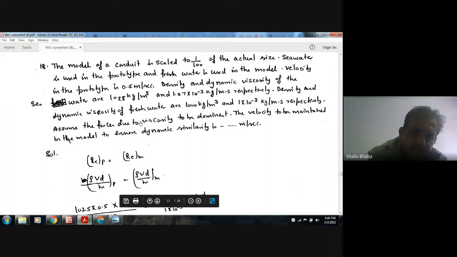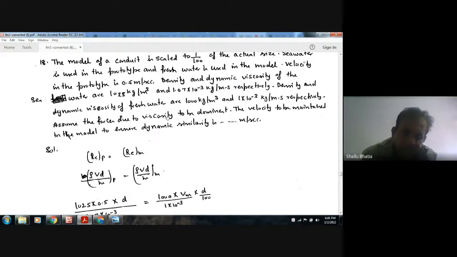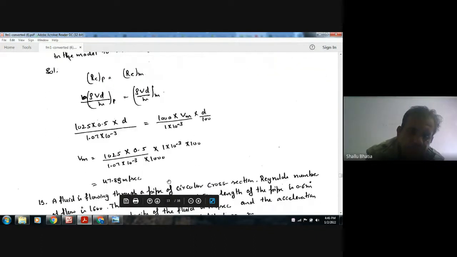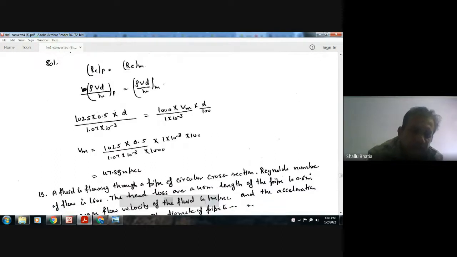For fresh water, rho is 1000 and mu is 1 into 10 to the minus 3, and v we have to determine. The scale is given, so v by d is known, so we can find the velocity just by equating the Reynolds number.